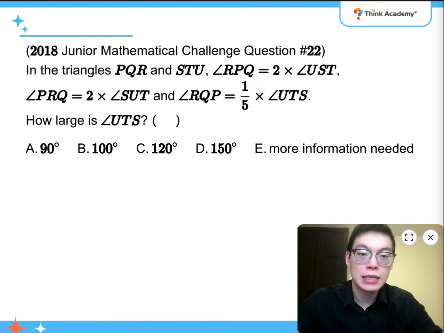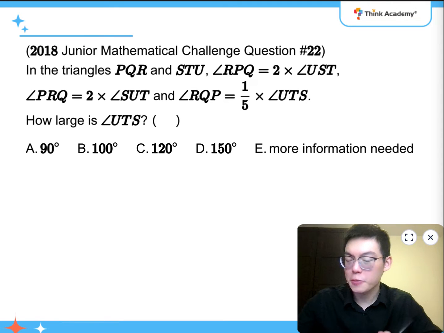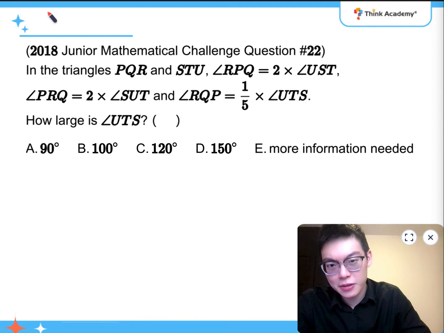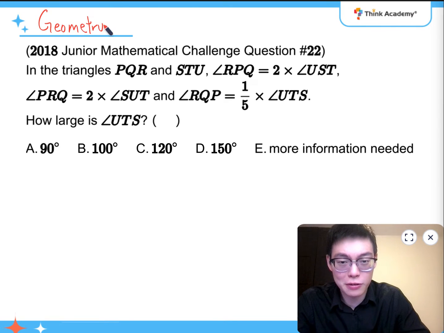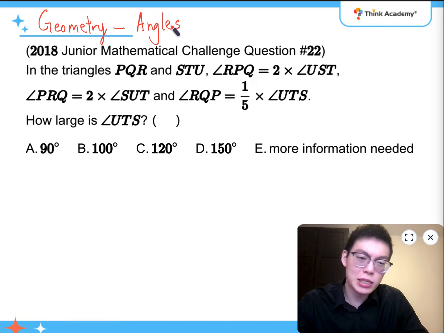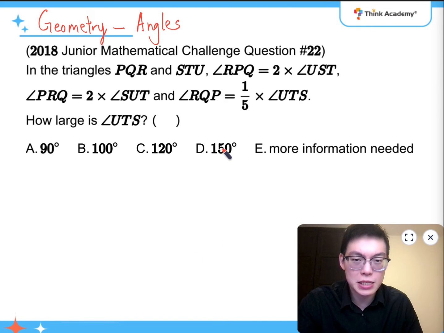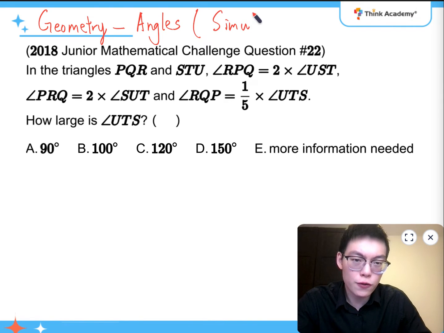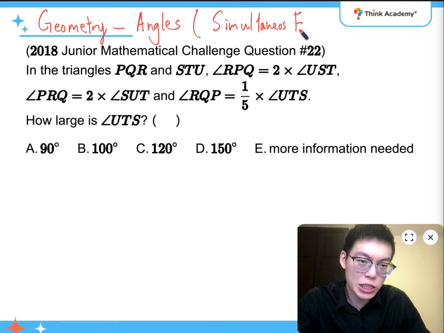And for question 22, I would say that this question might be a little bit challenging for you because the diagrams are not given, right? But we actually don't need the diagrams in this problem of angles, because what it is actually asking you is to solve the simultaneous equations.